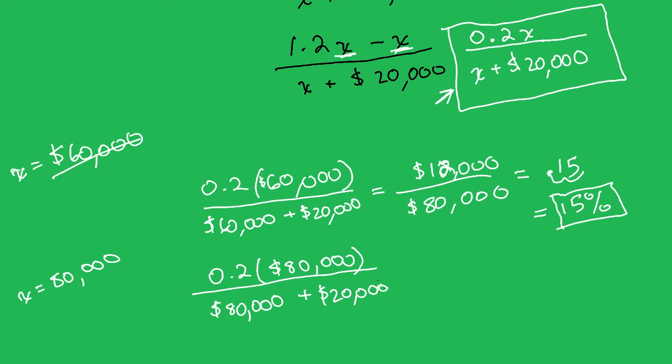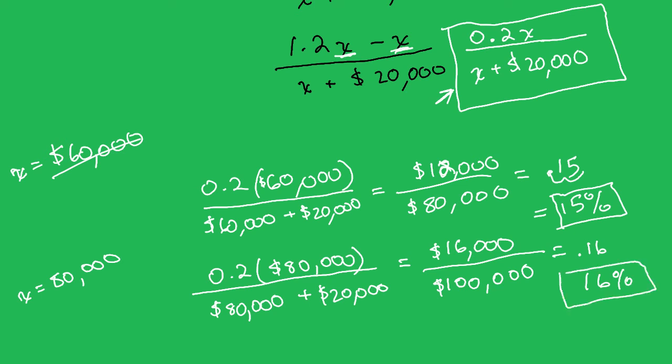And that's going to give us $80,000 times 0.2 is $16,000 over $80,000 plus $20,000 is $100,000. And that's going to give us 16,000 over 100,000, which is 0.16, or 16%. So an employee that started out with an $80,000 salary would get a 16% increase in their total amount.